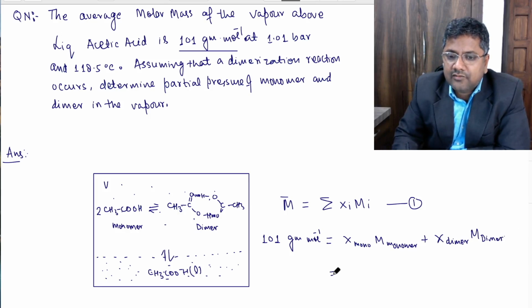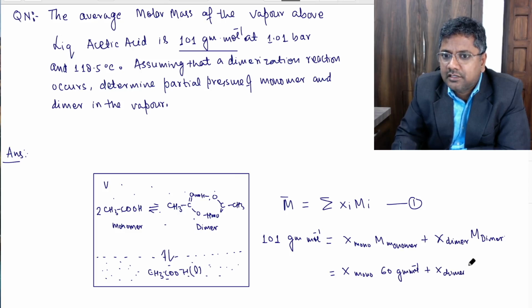So x monomer, and the molar mass of monomer is 60 grams per mole, plus the mole fraction of dimer into 120 grams per mole.